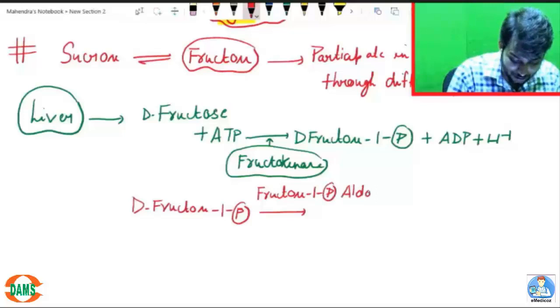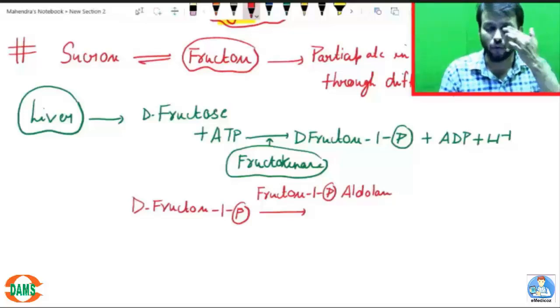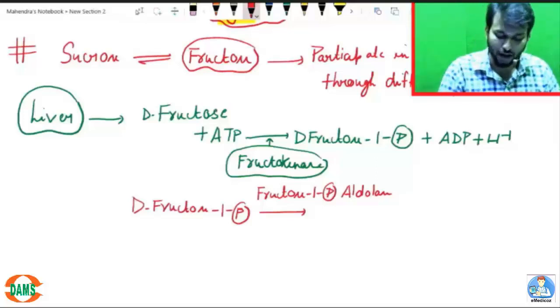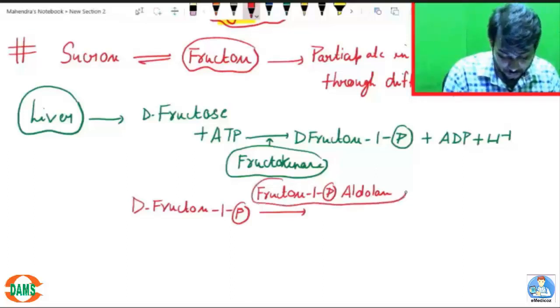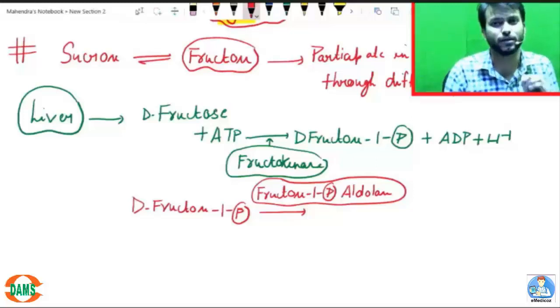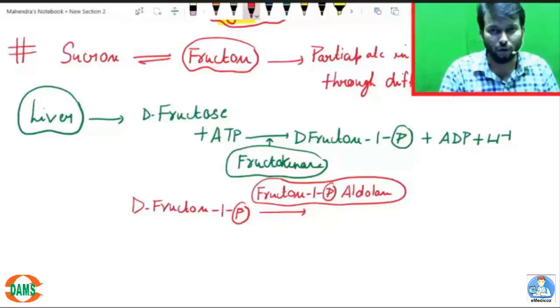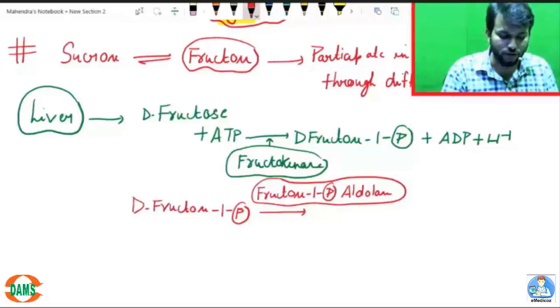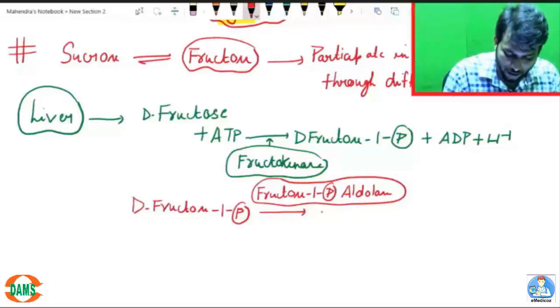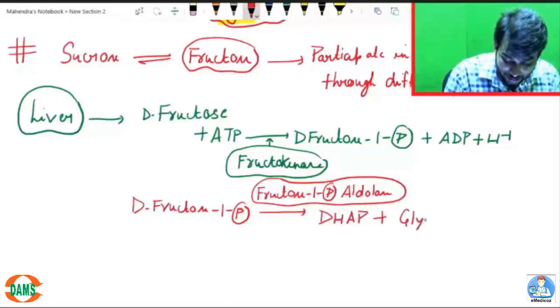As we have discussed, similarly fructose 1,6-bisphosphate gets converted into glyceraldehyde 3-phosphate and dihydroxyacetone phosphate. Here the aldolase is specific to fructose 1-phosphate. The name arrives from the name of the substrate. D-fructose 1-phosphate aldolase is going to break the fructose 1-phosphate into two molecules: one is DHAP, dihydroxyacetone phosphate, plus D-glyceraldehyde.